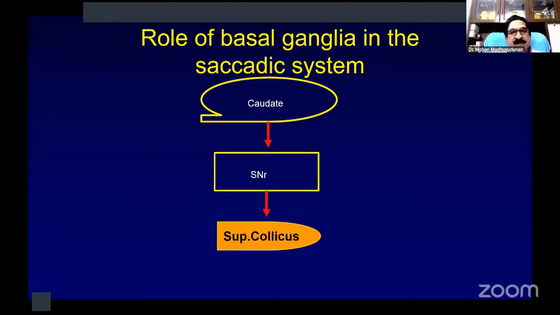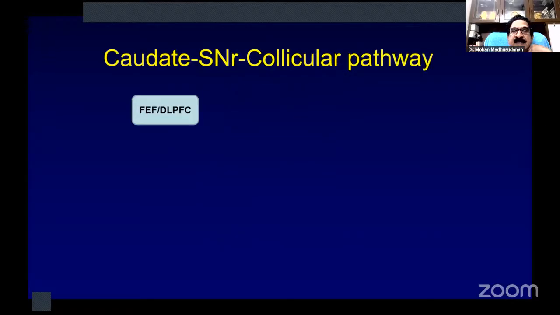Usually, the caudate nucleus inhibits the substantia nigra reticulata, which in turn inhibits the superior colliculus. The superior colliculus, as you know, is one of the pathways for gaze movement. It is like this: the frontal eye field or the dorsolateral prefrontal cortex, to be exact, stimulates the caudate nucleus.